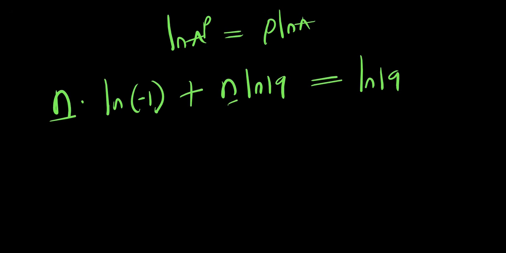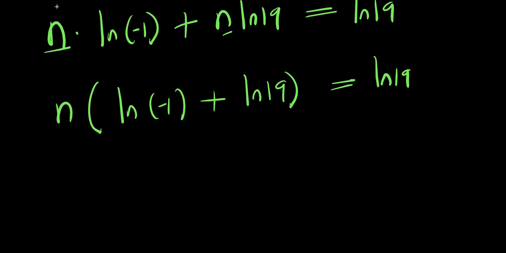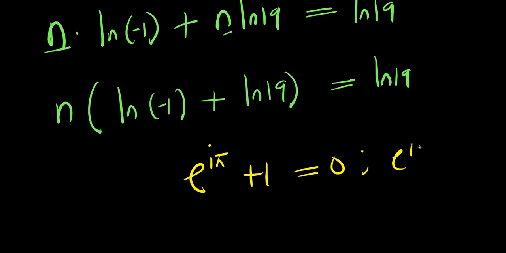N and n here, I can factor that n. I have natural log of negative 1 plus natural log of 19 equals natural log of 19. And from here, if you have e power I times pi plus 1, this equals 0, meaning e power I times pi equals negative 1.